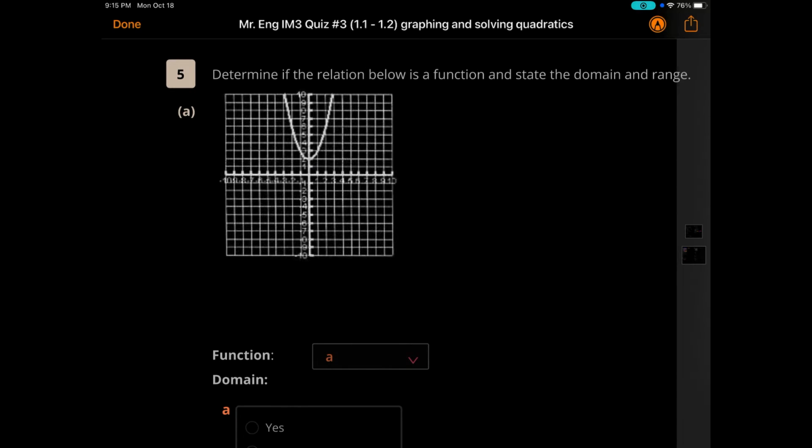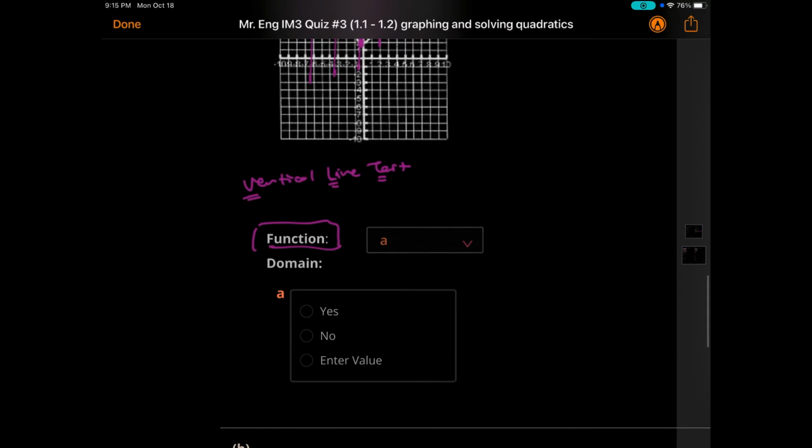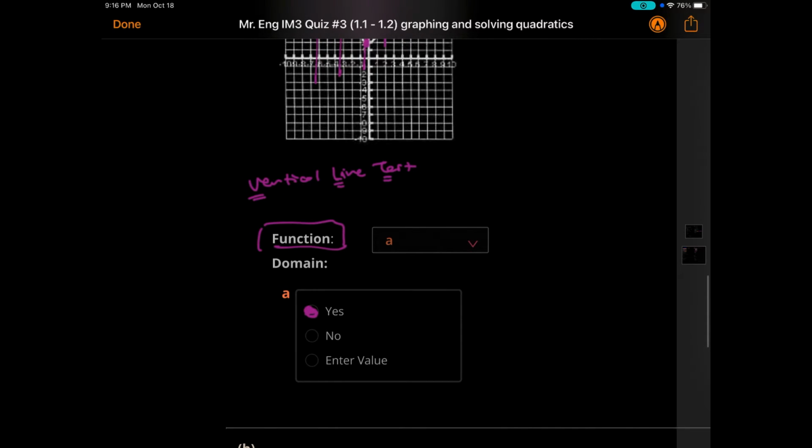Okay, we didn't talk about this one. The easiest one is called the vertical line test. VLT. And basically, if you put a line through the graph and it only intersects at one point, then it is a function. So the answer for number 1 would be yes, making that 1 extra credit.